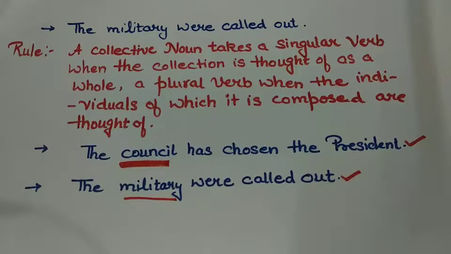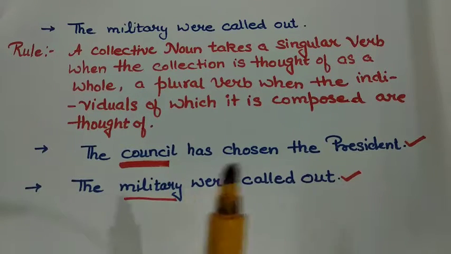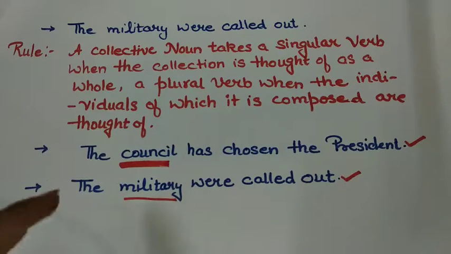It takes a plural verb when the individuals of which it is composed are thought of. Try to understand this. If I'm saying the council has chosen the president, in this case I am talking about the council as a whole. I'm not talking about a single person here.